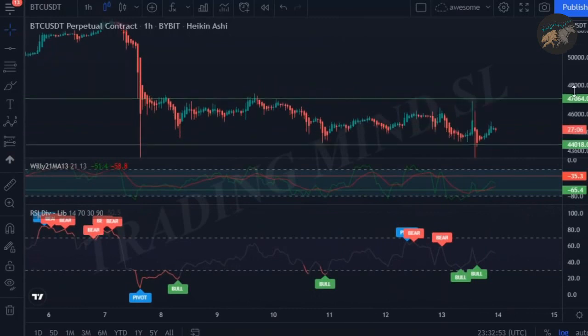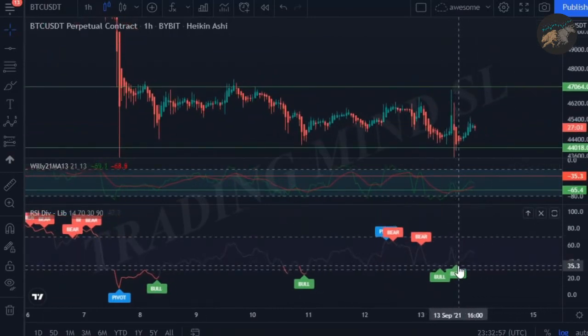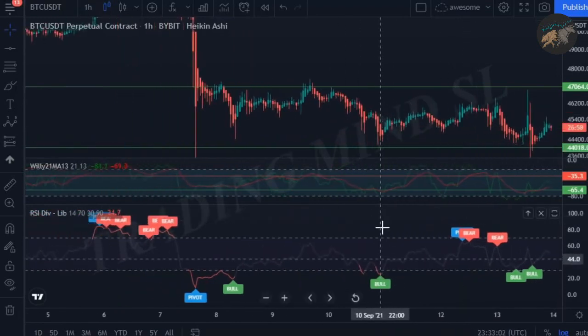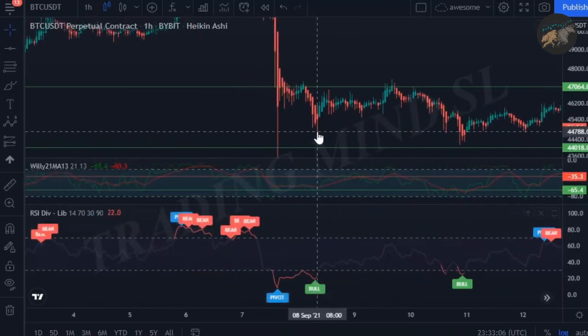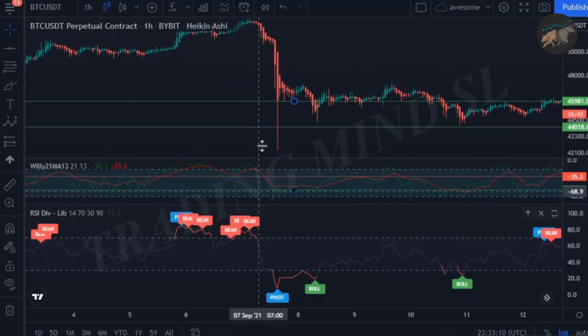When the green signs appear, it means the appearance of purchase points. And when the red signs appear, the opposite is true. This indicator is not very accurate, because it is used to know RSI divergence. But here we will use it for confirmation only.